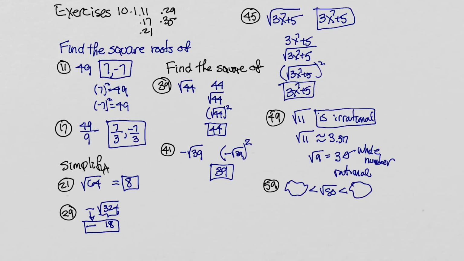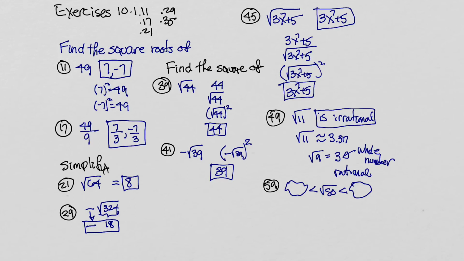In problem 59 here, we're given the square root of 80, and we're asked, between which two numbers is this? Well, we don't know exactly the square root of 80. It's not a whole number. So I'd like to estimate this number. What numbers around 80 do you know the square roots of?